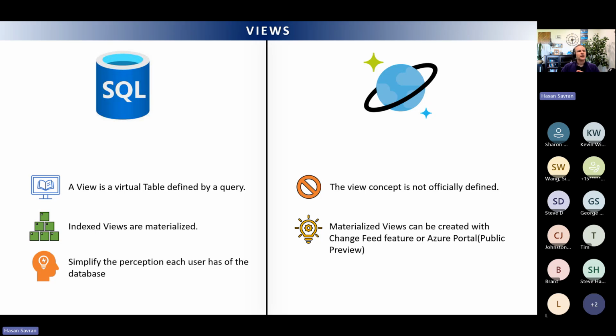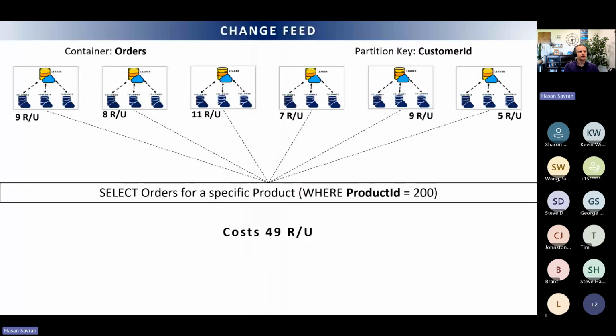For Cosmos DB, we really don't have that view concept in NoSQL databases, but there are some ways that you can actually create materialized views. We can use the change feed feature of Cosmos DB for that. Let me give you an example.